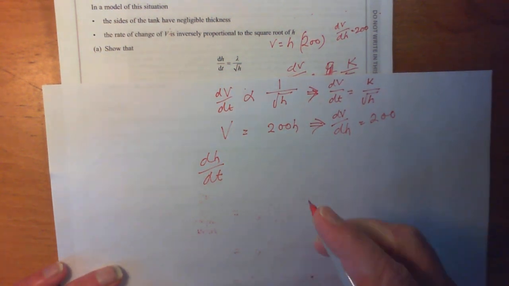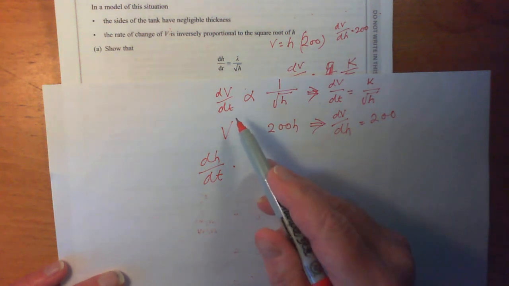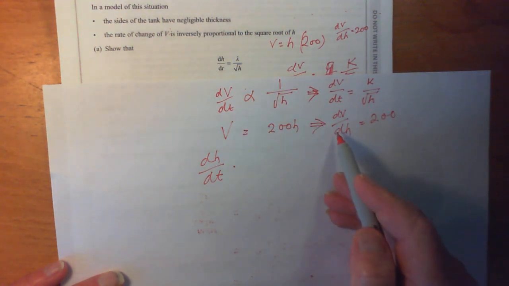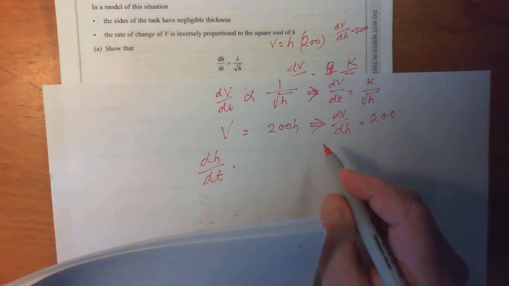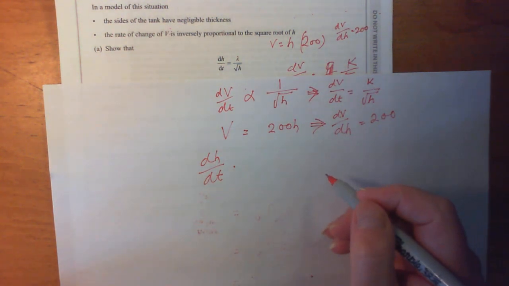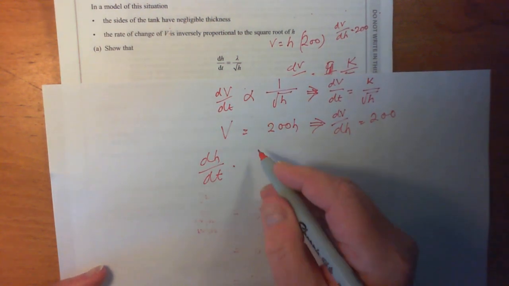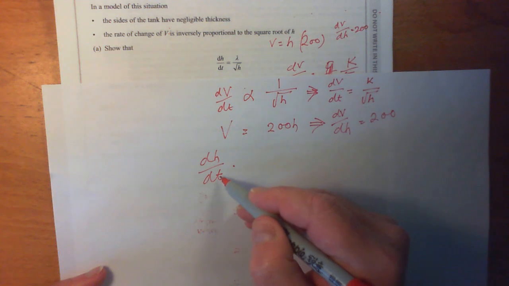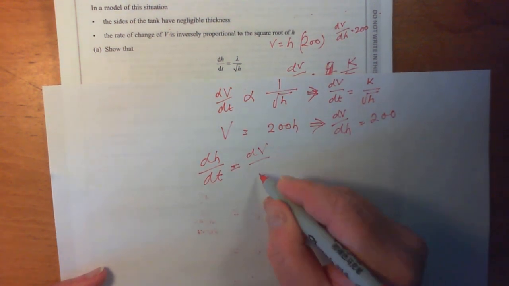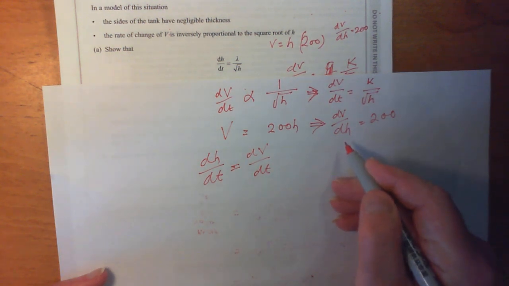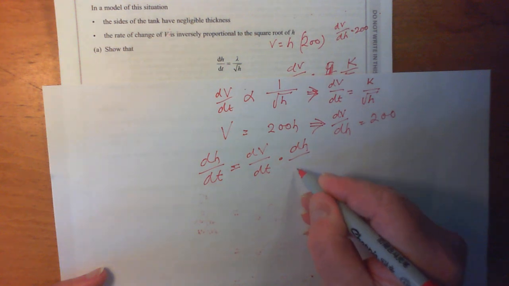So have I got enough information there? Well, basically I have. If you can recognise what you've got, I've got that and that. So I could say dh over dt equals dh over dV times dV over dt.